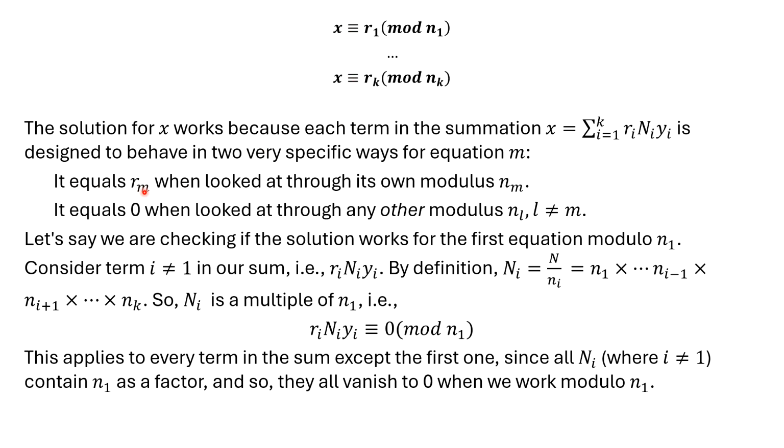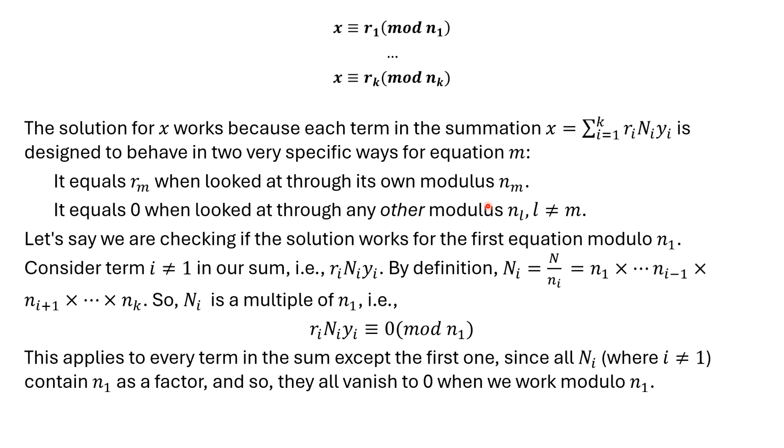It equals r sub m when looked at through its own modulus, n sub m, and it equals 0 when taken with any other modulus, so we'll say n sub L, where L doesn't equal m.